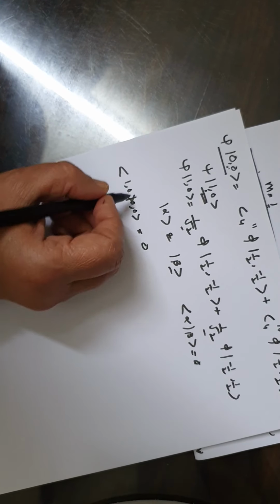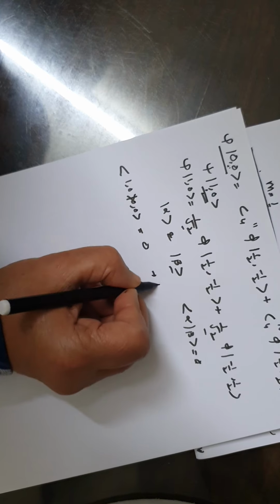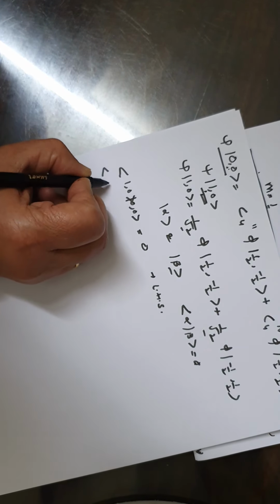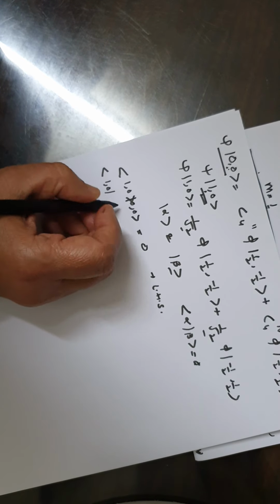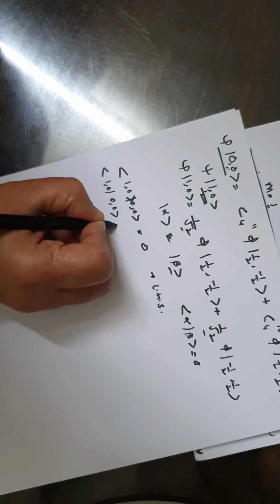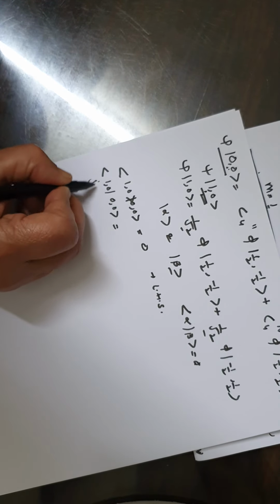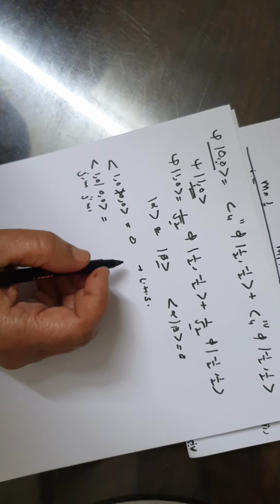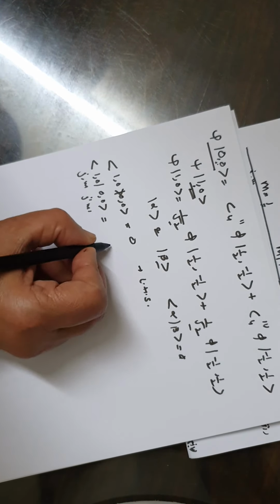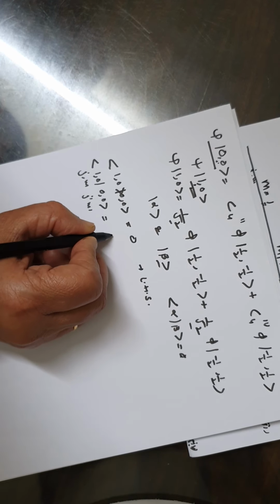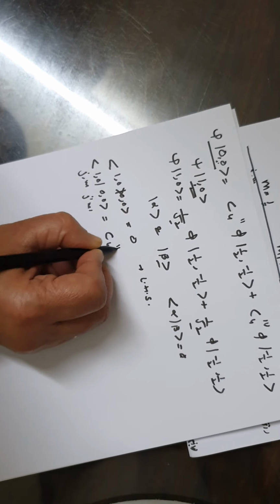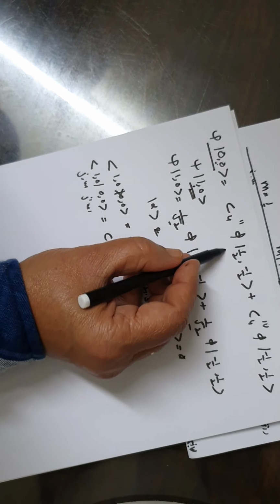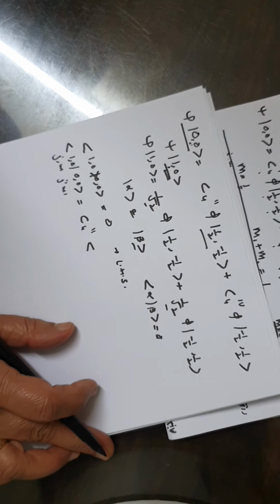So this is the left hand side. Let's see what will be the right hand side. We write down the inner product of 1 0 with 0 0.